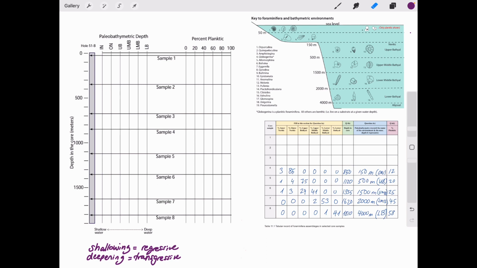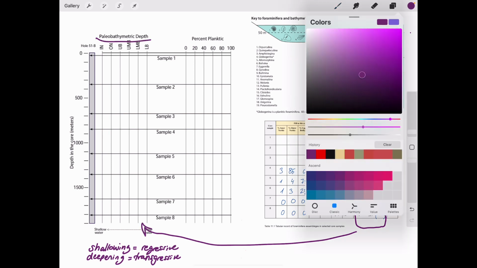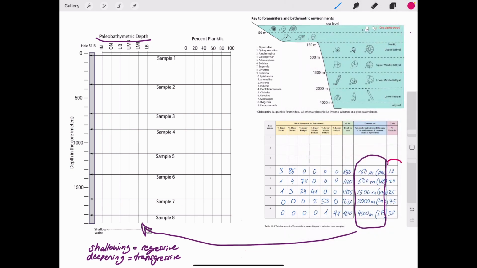So what you're going to be plotting is the paleobathymetric depth, column 6C, over here on this side, and then you're going to be plotting the percent planktic over here on this side. But of course you will have rows 1, 2, and 3 as well, so don't forget about those.